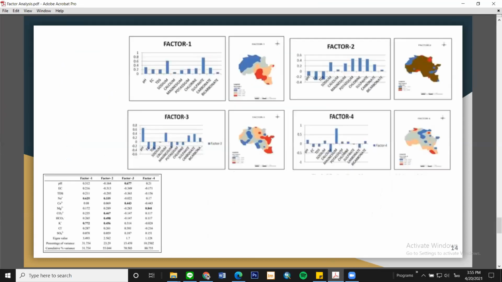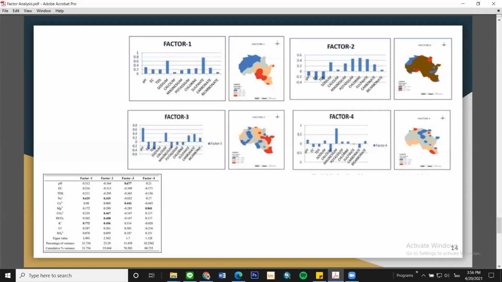We have four factors, and the four factor output you can see. In factor 1, they show higher positive loading for potassium and sodium, and the second factor shows moderate loading.